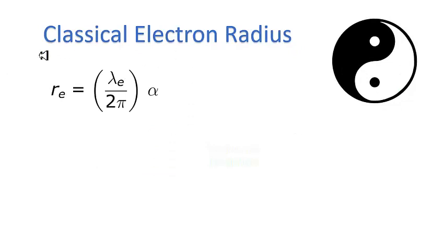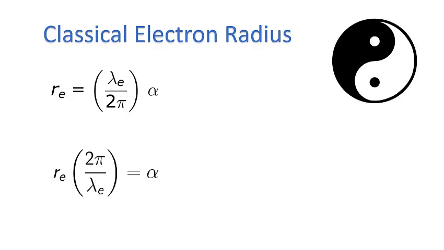So let's have a closer look at this. This is the classical electron radius. This is the Compton wavelength of the electron, which I identify as the circumference of my electron ohm particle. This is 2 pi, of course, and this is alpha, which is the fine structure constant.